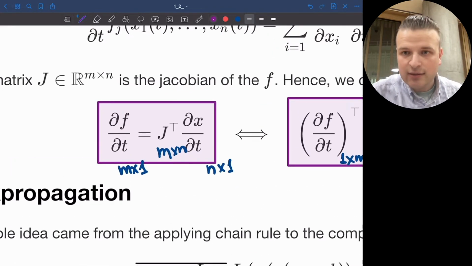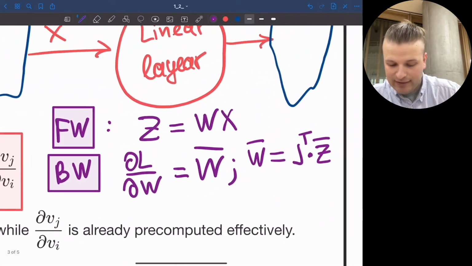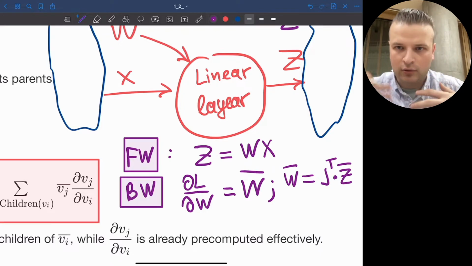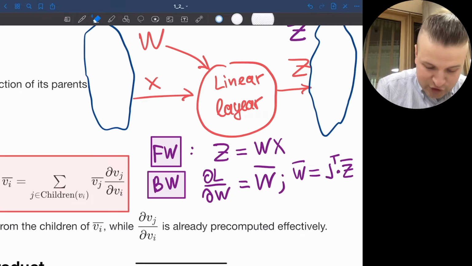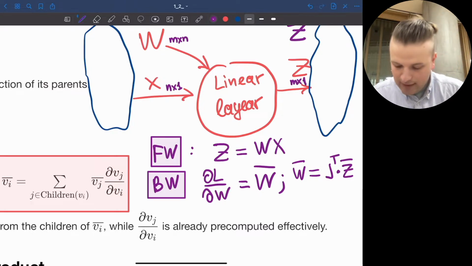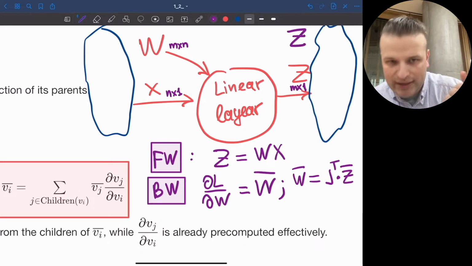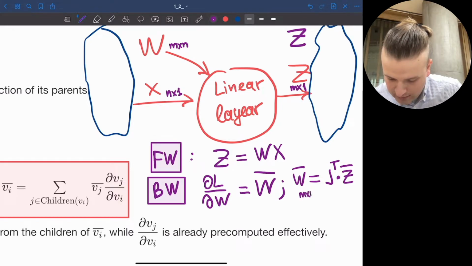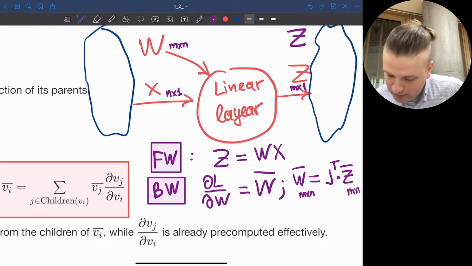You can see this formula for the multivariate chain rule. Again, let's verify it according to all the dimensions here. Let's say this vector has shape n times 1, this has m times n, this has m times 1. Then the gradient with respect to the weights should have the dimension m times n. These derivatives should have the dimension m times 1, and that's it.